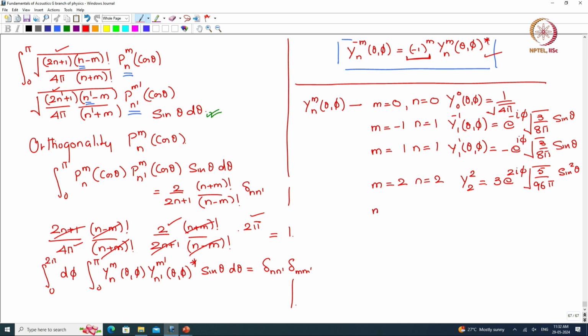And if I have m equal to minus 2 and n equal to 2, then Y minus 2 2 is equal to 3 e to the power of minus 2i phi, same square root of 5 by 96 pi sin squared theta.